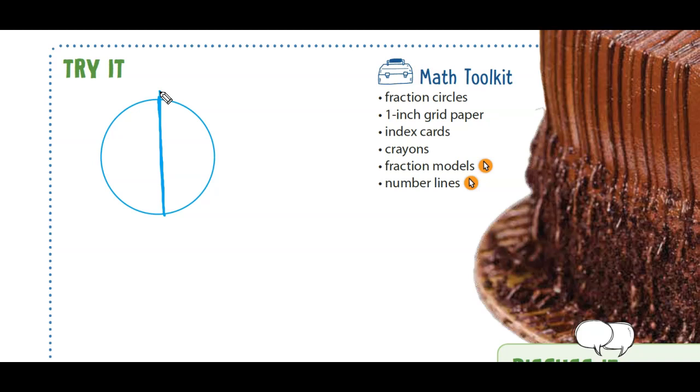Okay, so her cake, I don't have brown, but close enough. Here's her cake, okay? She cut it into how many sections? Fourths, right? So I went down like this, and then across. How many would I have to shade in for it to be a half? 2. Okay, 2.